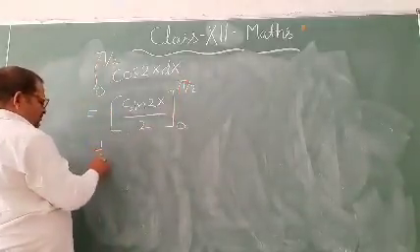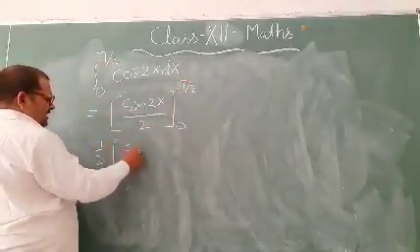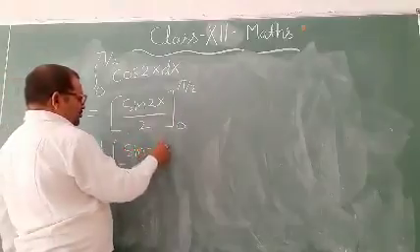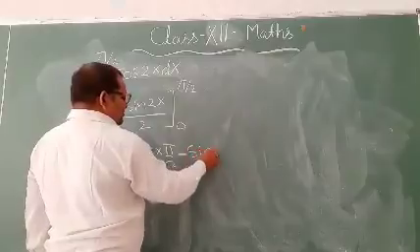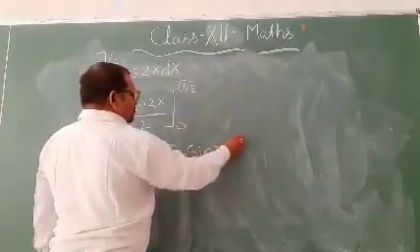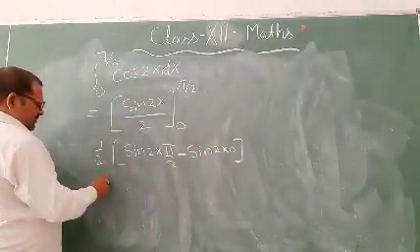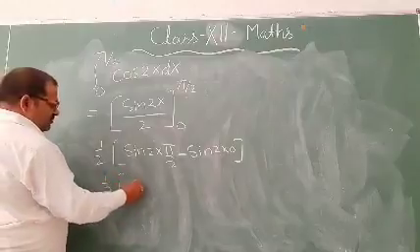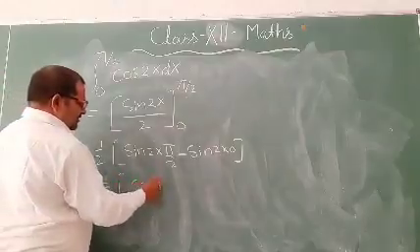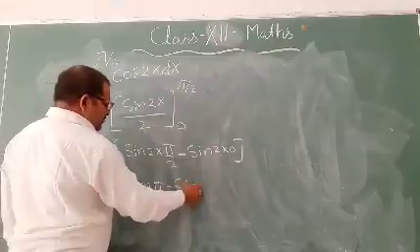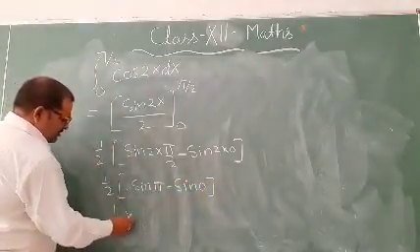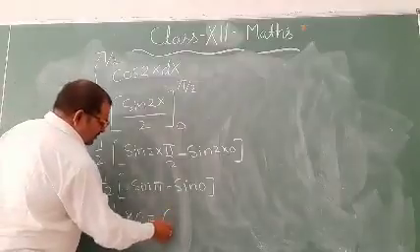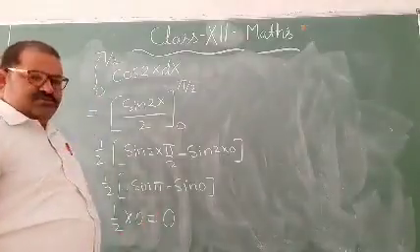Now 1/2 times (sin 2 into pi/2 minus sin 2 into 0), 1/2 times (sin pi minus sin 0), that's equal to 1/2 into 0 equal to 0.